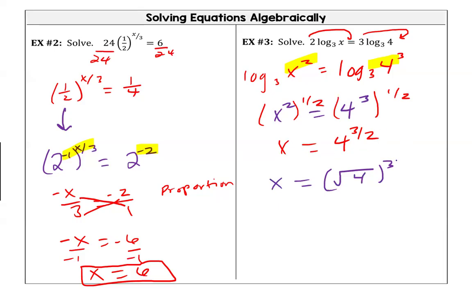So your numerator is your power, your denominator is your radical index. So we're taking the square root of 4 and then we're going to put it to the third power. What is the square root of 4? 2. And 2 to the third. So my final answer would be 8. It's a puzzle of all little things that you already know.